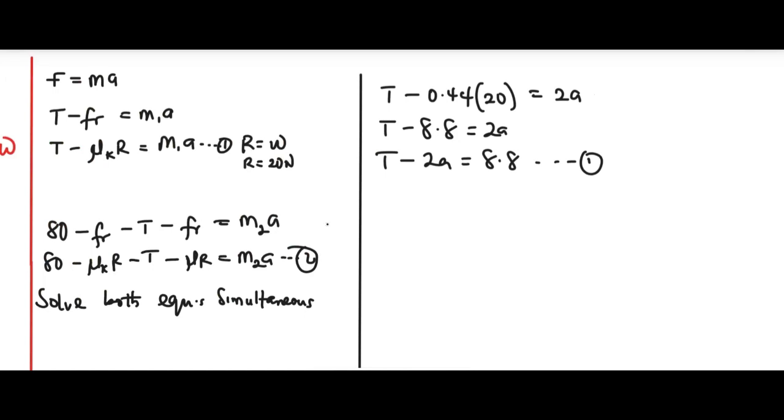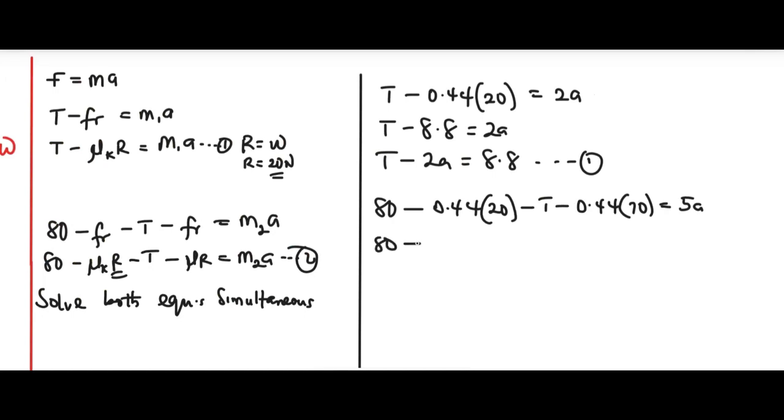So for the second equation, I have 80 minus the first Fr here. The R here is equal to 20 newtons. So I have 0.44 times 20, minus T, right, minus 0.44 times 70, equals, your second mass is 5. So I have this to be my second equation, but we can solve out the values.